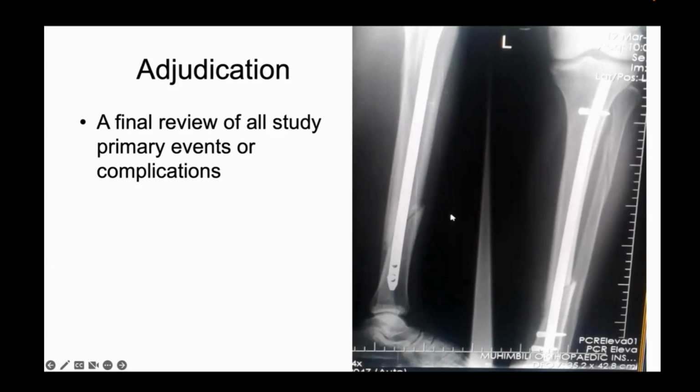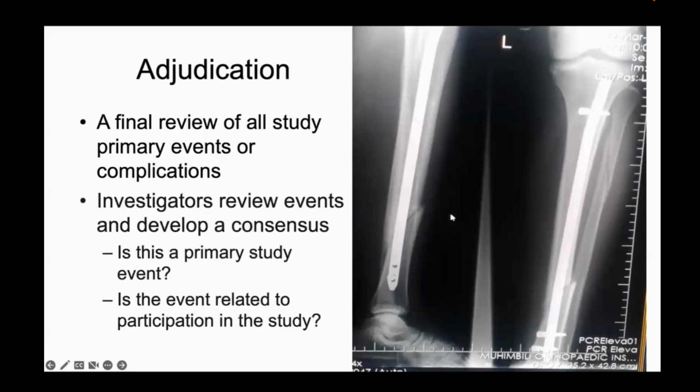For example, did a patient in fact have a fracture-related infection? If that happens to be our outcome of interest, sometimes ascertaining a fracture-related infection can be somewhat subjective. So adjudicators will want to get together, review the information, and ascertain whether the event is related to participation in the study or not.